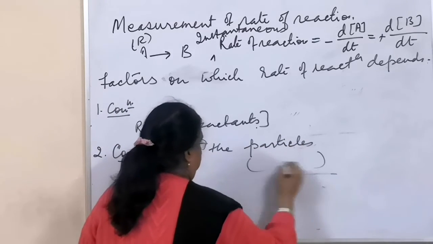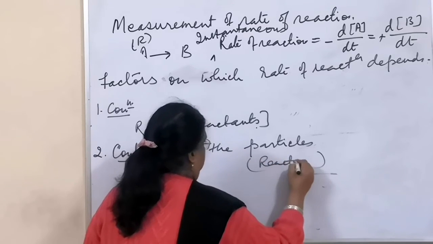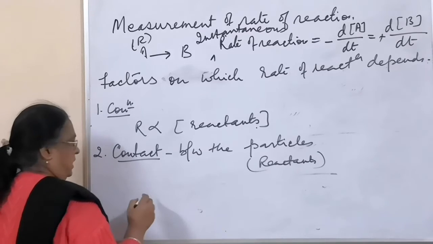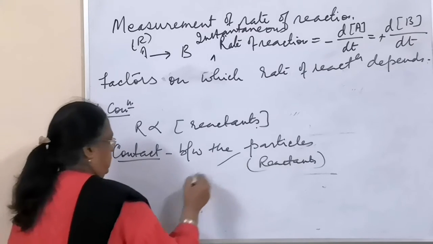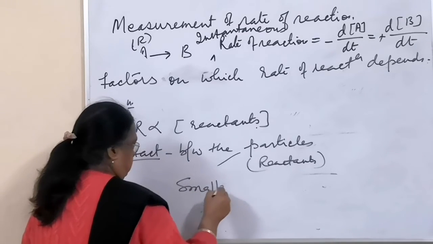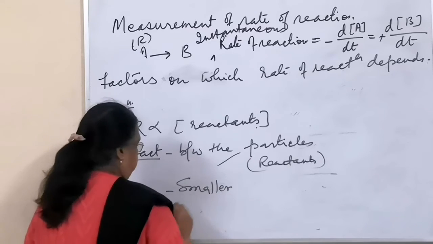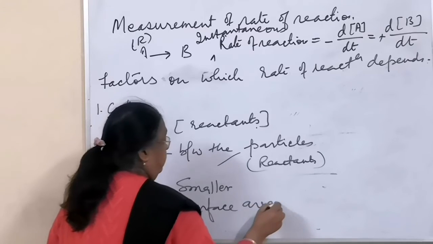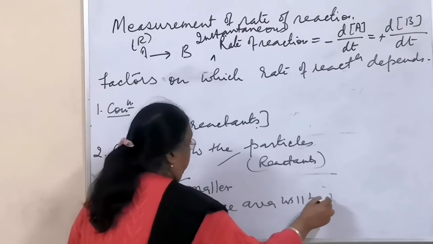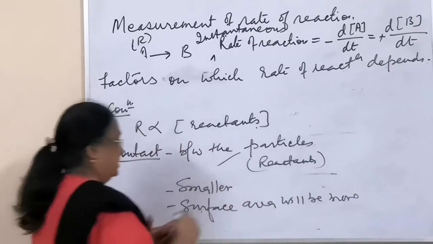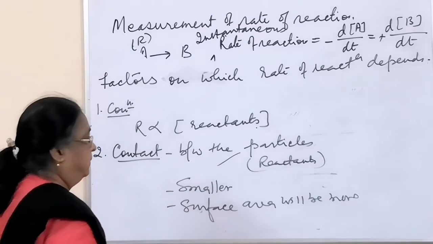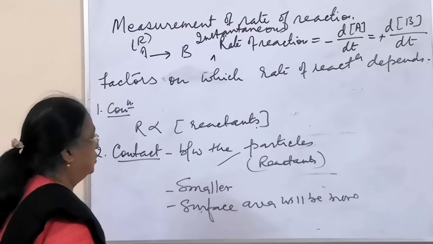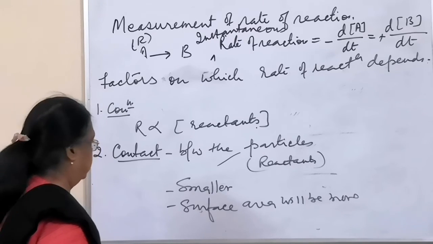The particles which are reactants. If the particles are smaller in size, their surface area will be more, so the chances of collision will be more, they will come in contact more, and so the reaction will be faster.